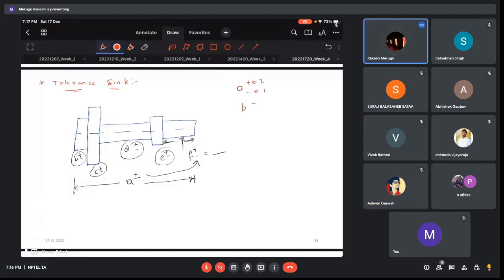For B, it is 0.26 minus 0.17. Then for C, then for D, and similarly for E, it is 0.1 minus 0.3. Now just give me the values of upper and lower limit of F.